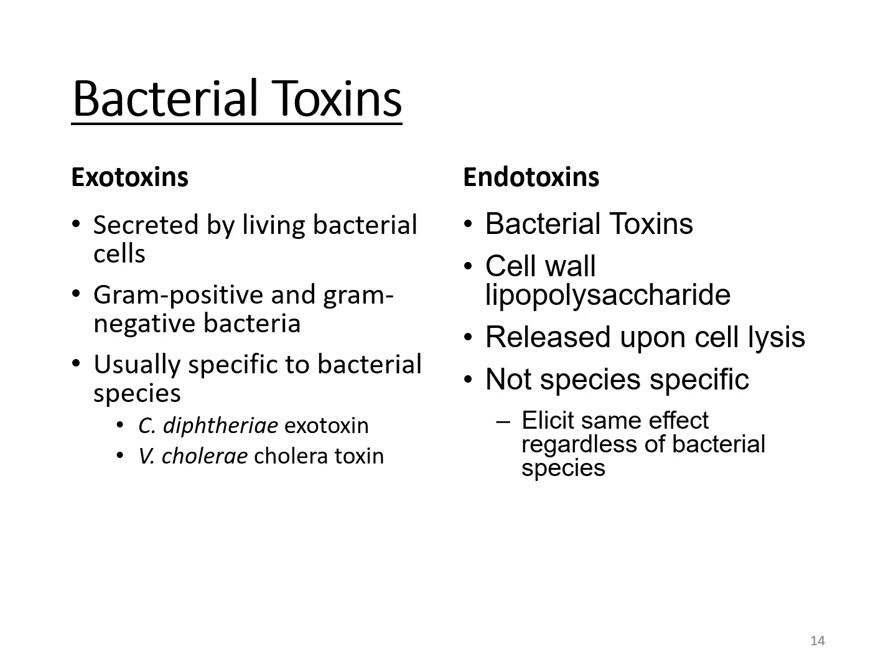So typically it's going to be some sort of cell death that causes that organism to pop open and then release the internal contents, those endotoxins that are inside of that cell. It's not species specific, so it can elicit the same effect regardless of the particular bacterial species that is present. Again, your exotoxins are produced by living organisms, whereas your endotoxins are released with the breaking of the cell wall of that organism.